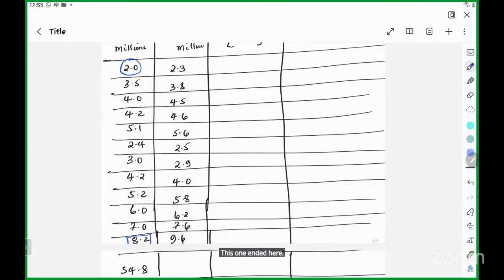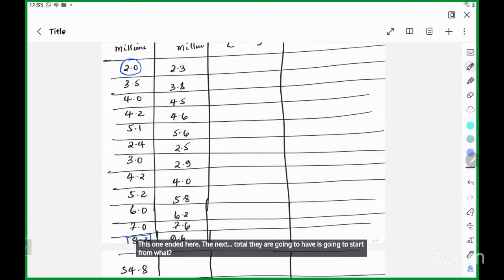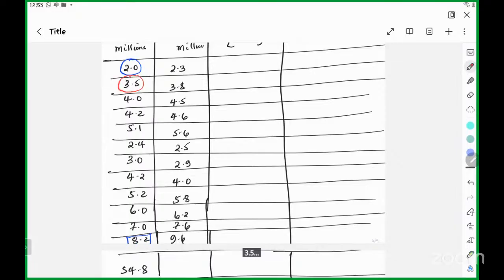The next total is going to start from 3.5, up to 2.3. Are we together? And when you count 12, it's going to move from Feb of 2015 to Jan of 2016. Is it clear, guys? So now this is the thing. It means, and I want to explain it here.